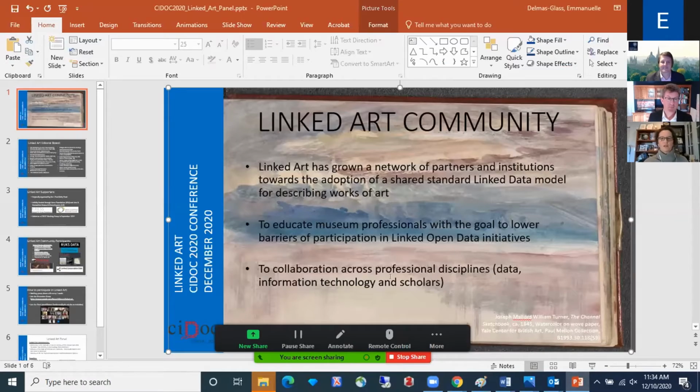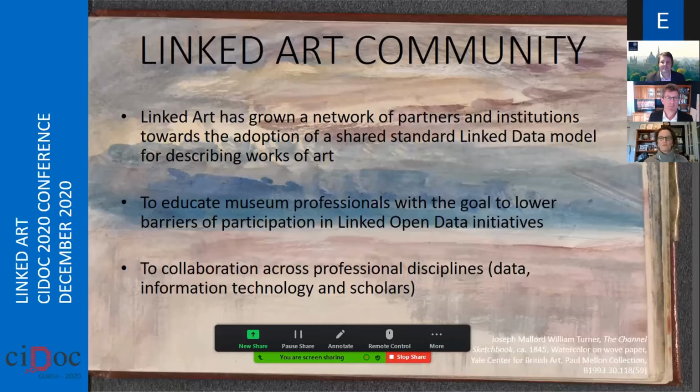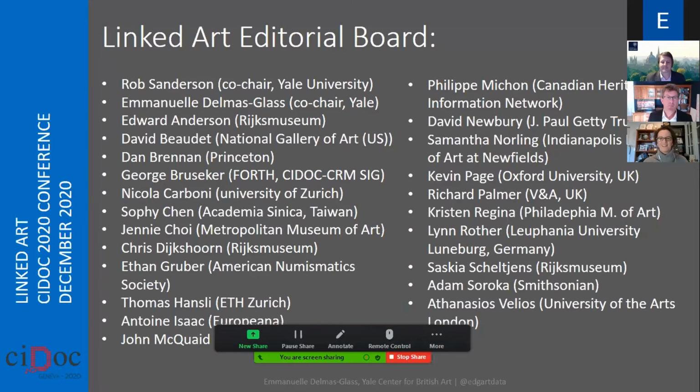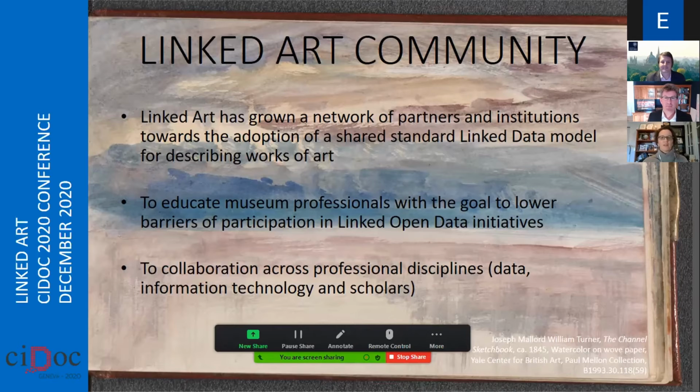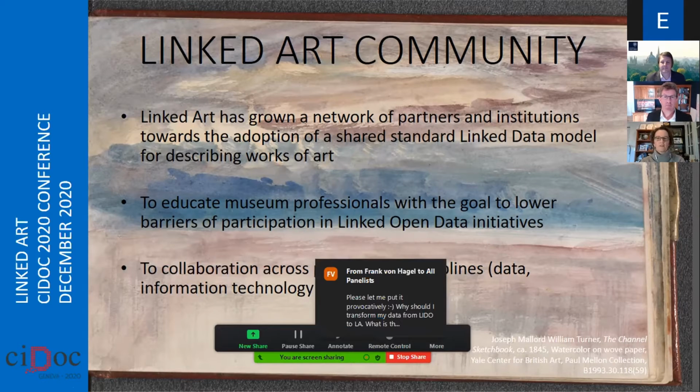And I will be sharing my screen for just a minute to tell you about the people behind the linked art initiative. And linked art has really grown a network of people, of partners and institutions actually, towards the adoption of a shared standard, a linked data shared standard.